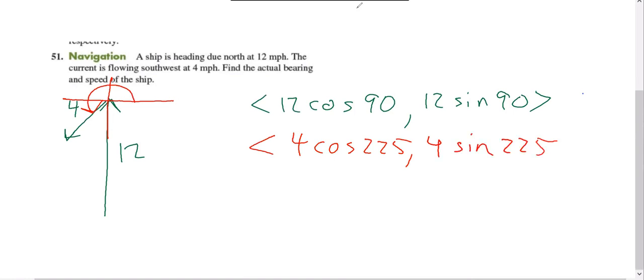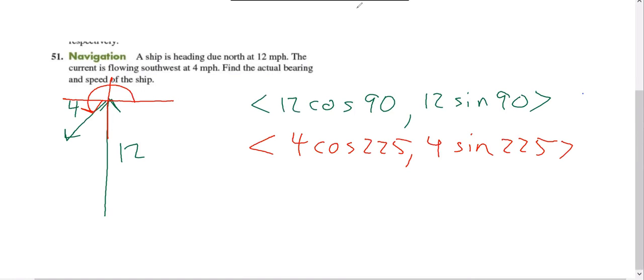Now you'll notice in this particular example, I did not use any negatives. But you know that if I go left and down, they're both negative, right? Yeah. Okay, because I used 225, it automatically will spit out negatives.